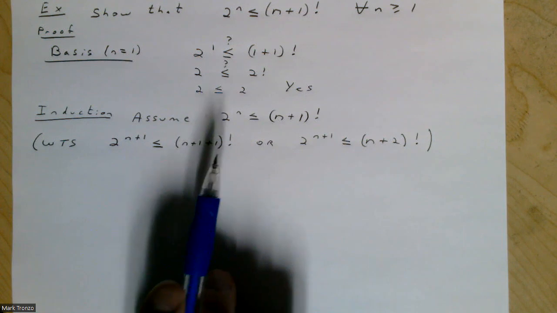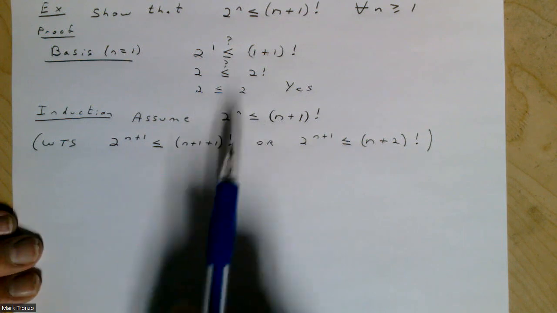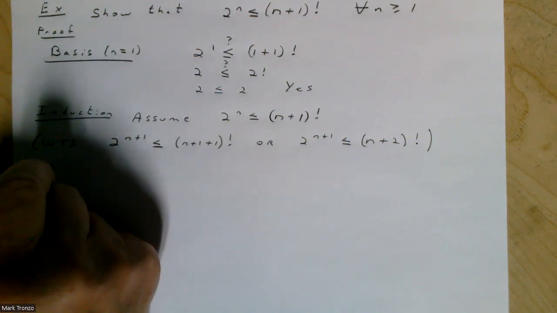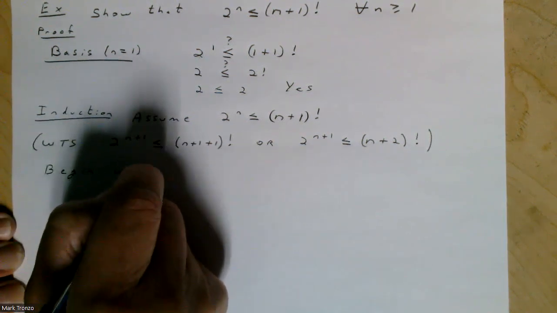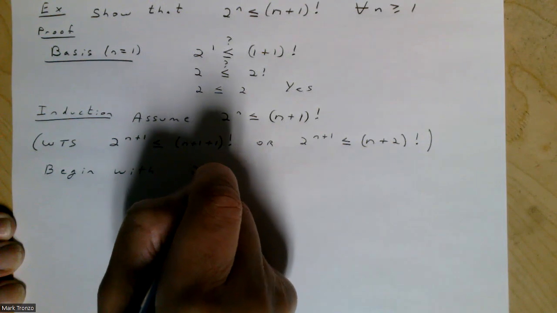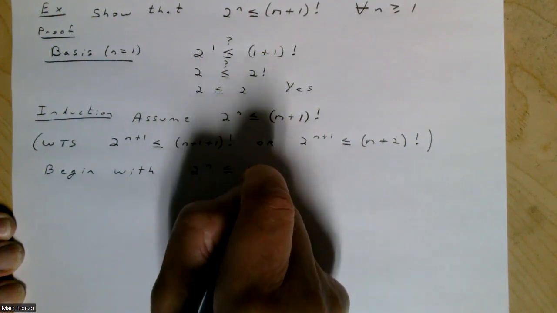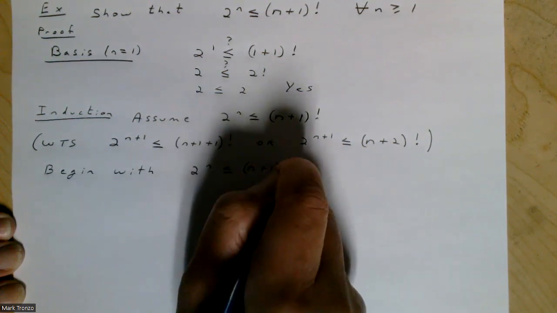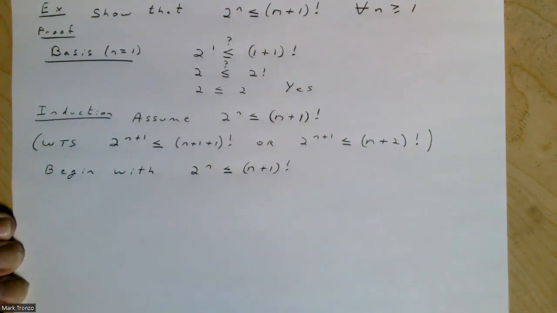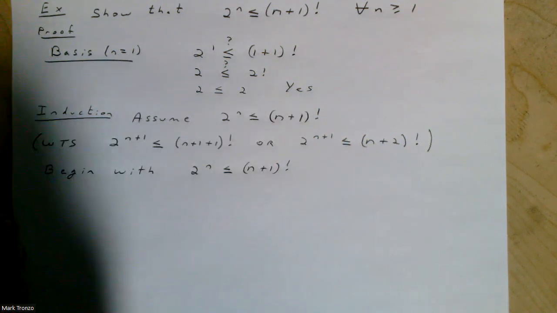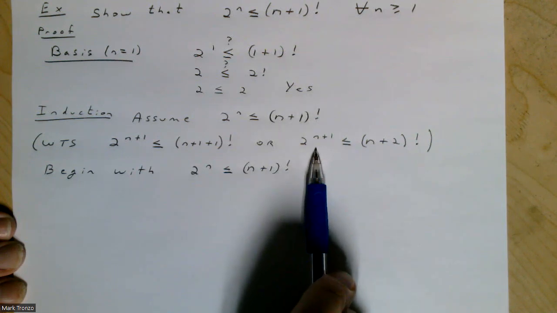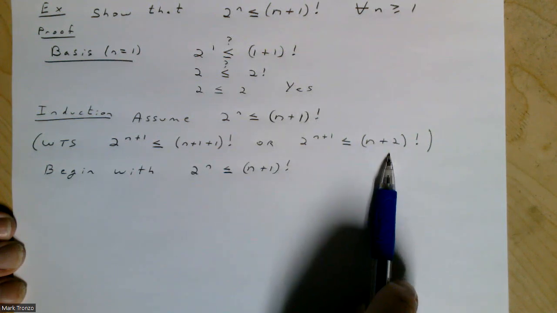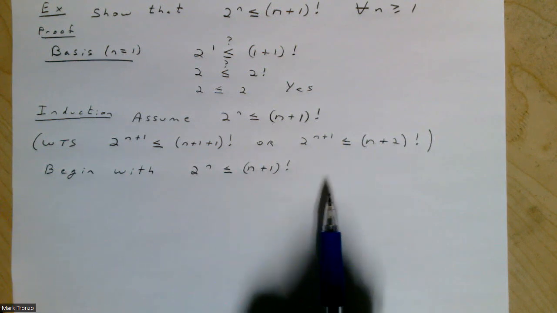Once again, usually best to begin with the assumption. And again, let's try to, maybe our first step, try to match either the left-hand side or the right-hand side of what we want to show.